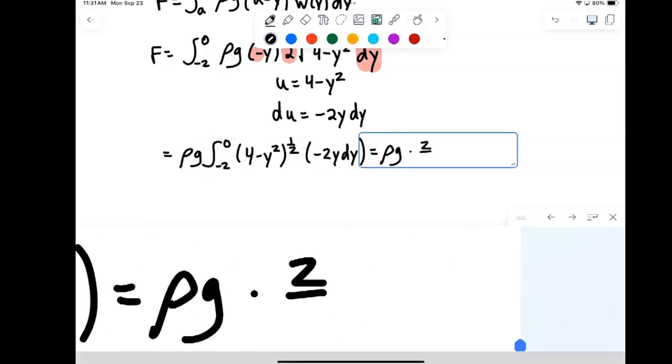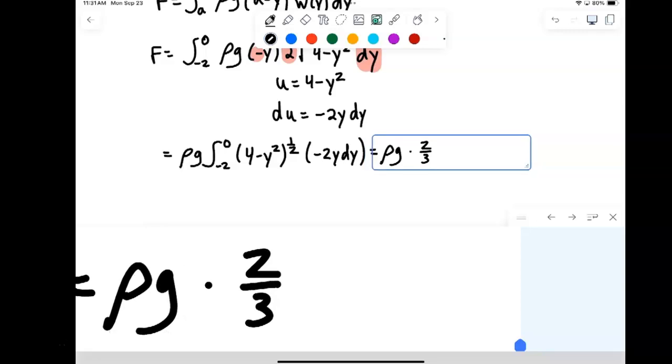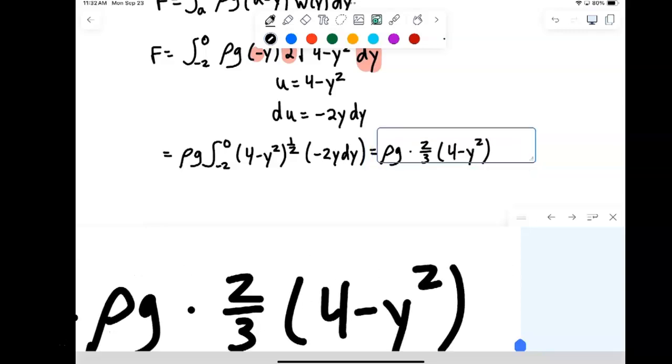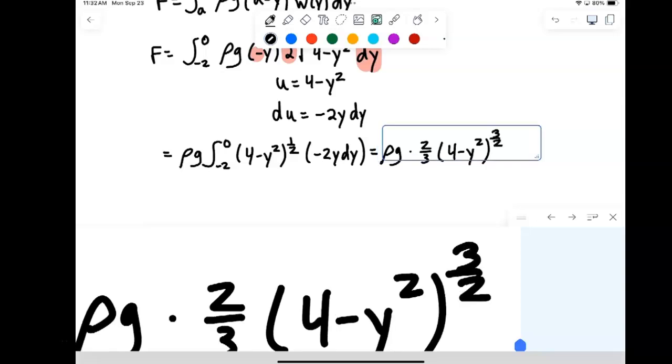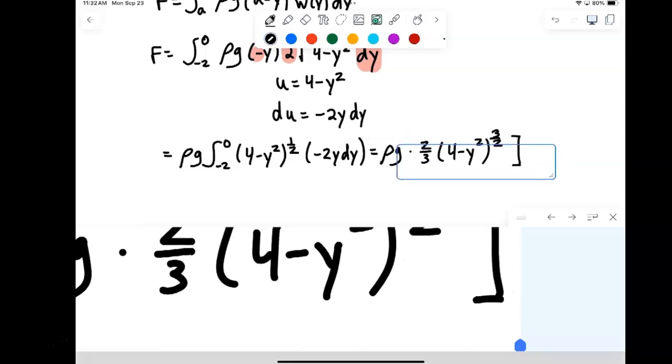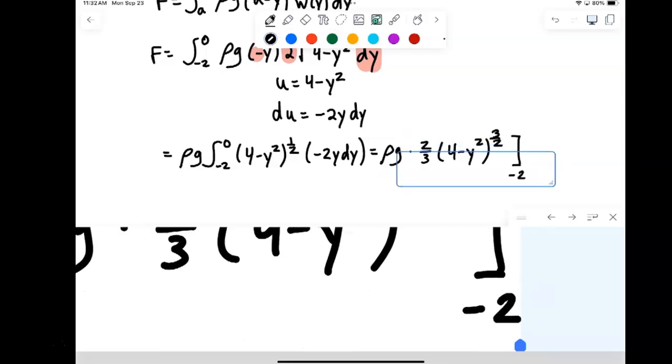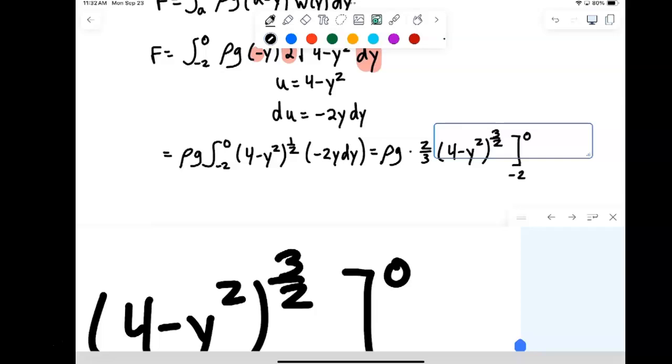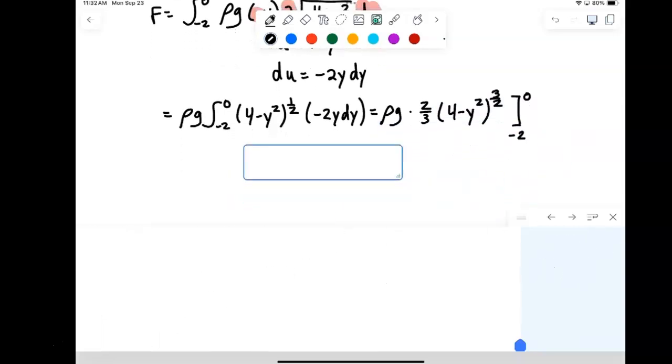So it's going to be times 2/3 times that stuff now raised to the 3/2 power, evaluated between -2 and 0.